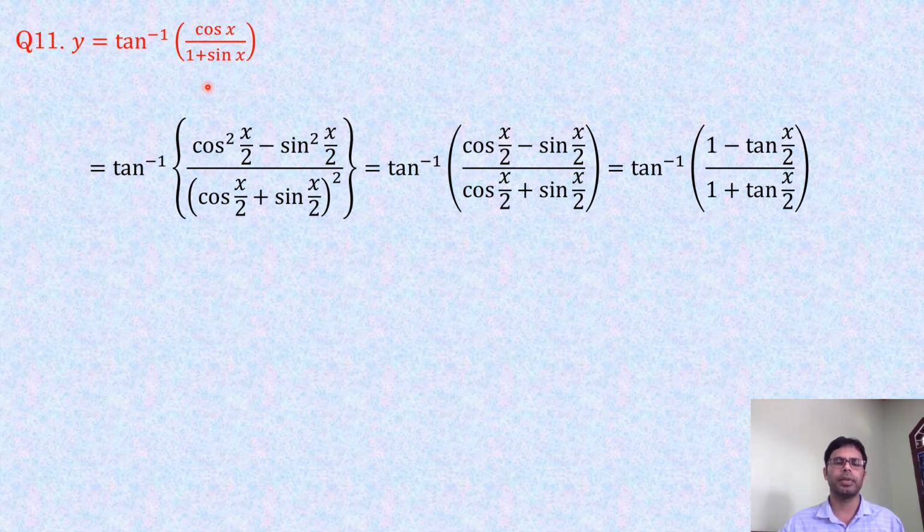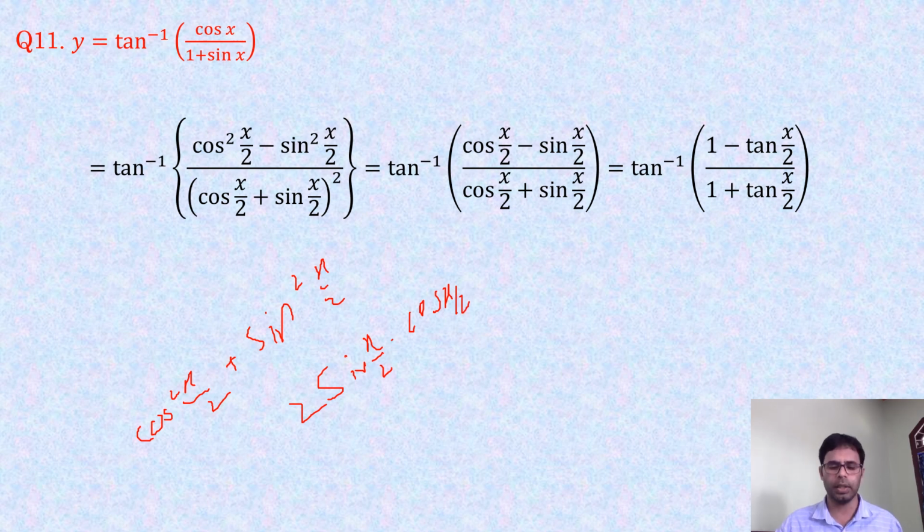Here tan inverse of, in the denominator, 1 plus sin x is actually (cos x by 2 plus sin x by 2) whole square. You see here, because in 1 plus sin x, the 1 can be replaced by cos square x by 2 plus sin square x by 2, and then sin x can be written as 2 sin x by 2 into cos x by 2.